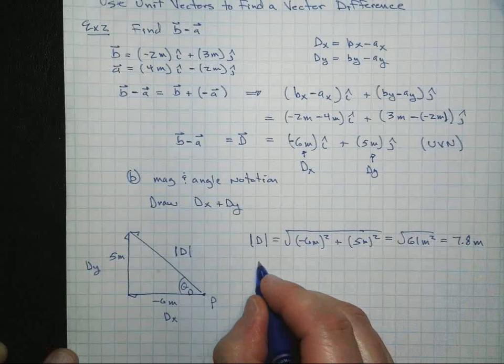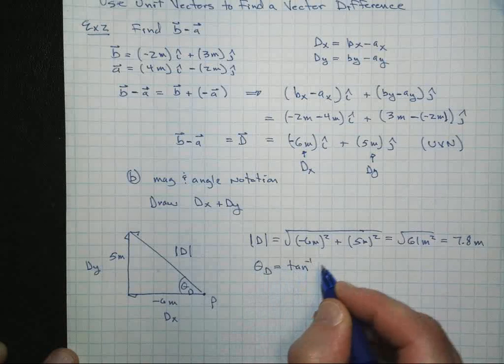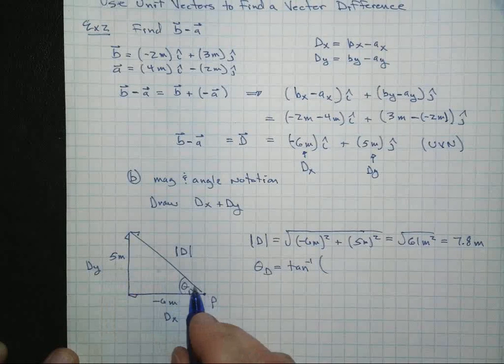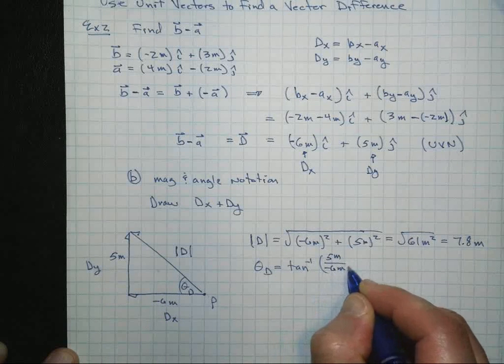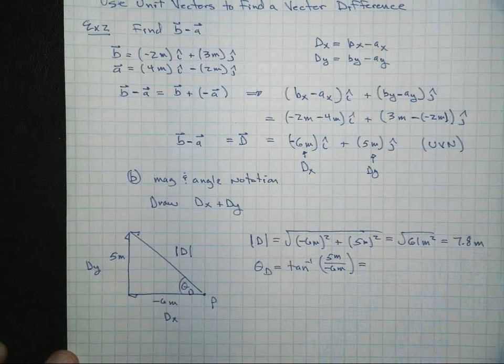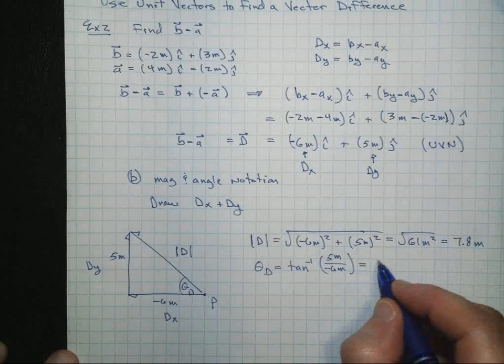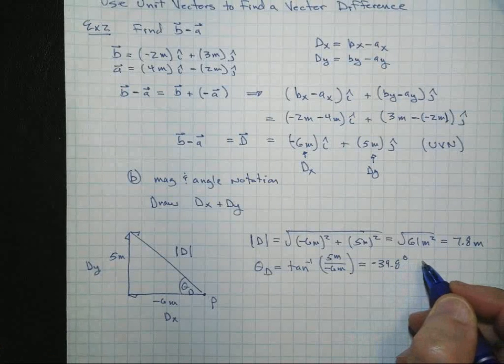To get theta d, we use the inverse tangent, or arctangent, of opposite over adjacent, which is dy over dx, 5 meters over minus 6 meters. When we work that out on a graphing or trigonometric calculator, we get minus 39.8 degrees.